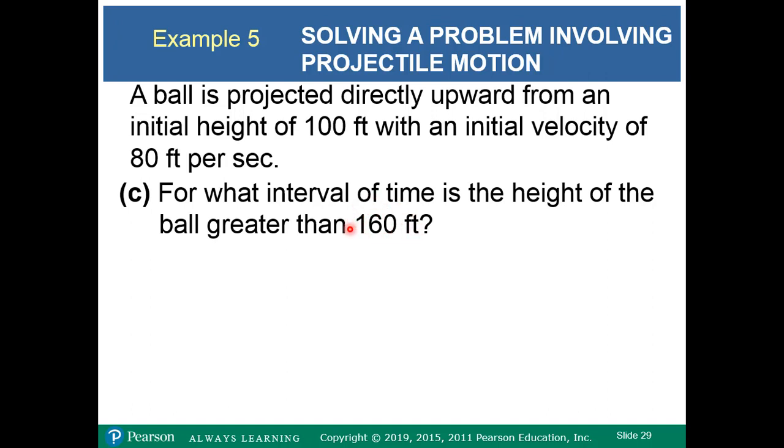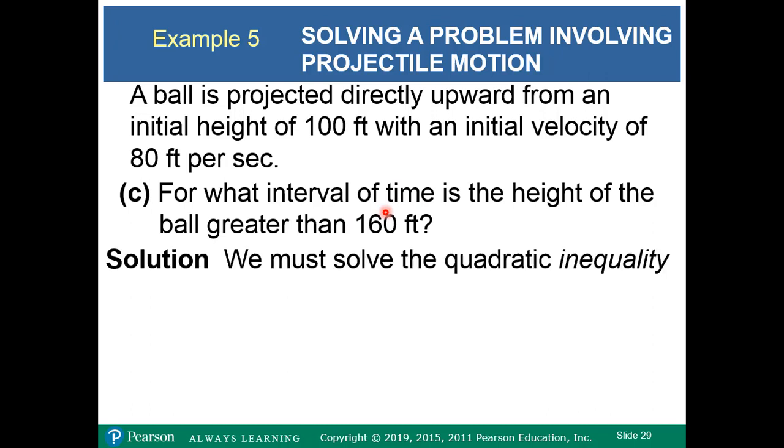It's going to pass it one time, but then the ball's going to stop and come back down, so it'll hit 160 feet at most at 2 spots. So here's where we need to find where it is greater than 160 feet. So it's going to be an inequality, right? So we're going to solve this inequality here.